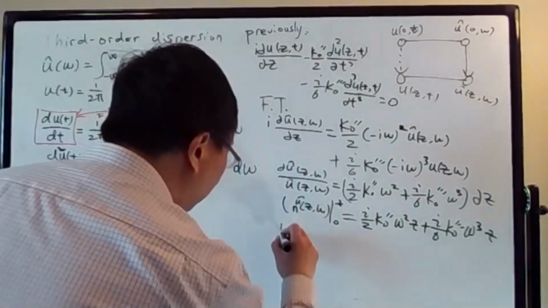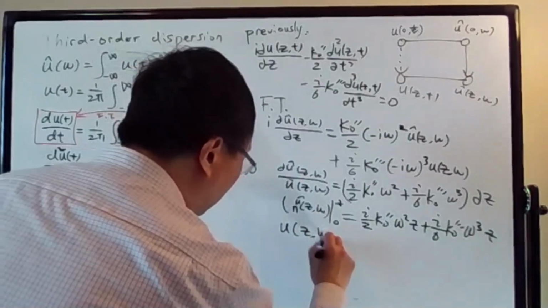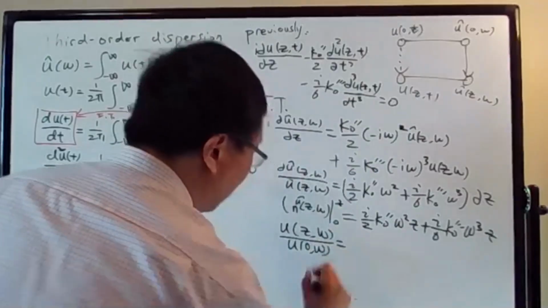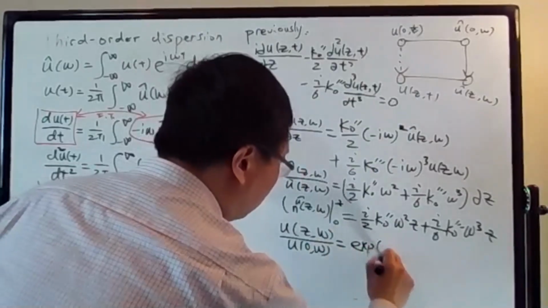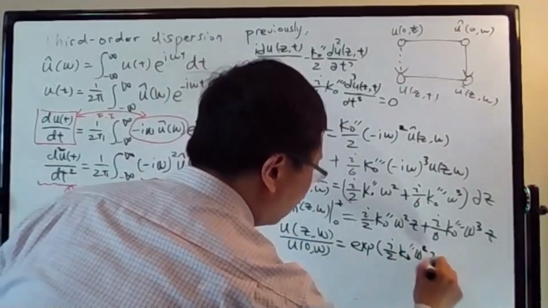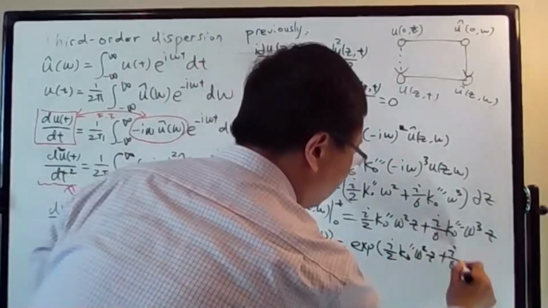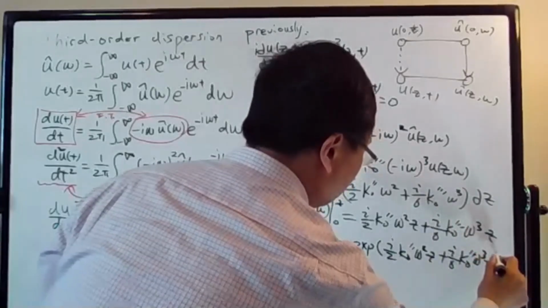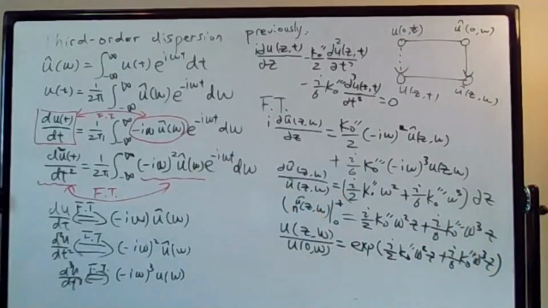So let me do it step by step. Z omega over u0 omega. So that is the exponential of a bunch of terms I'm just copying down, right? Plus i/6 k0''' omega cubed z, right?